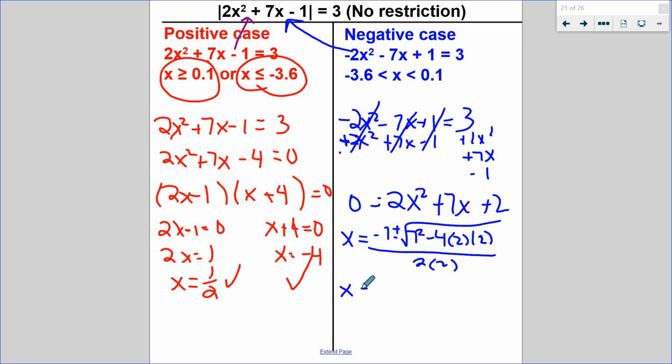So x is equal to negative 7 plus or minus the root of, I'll put all of this into my calculator, 7 squared minus 4 times 2 times 2, which is 33, all over 4. Now, I don't know if that satisfies the subdomain because I don't know exactly what that number is. So I'm going to put this into my calculator just to figure out what each of those values are.